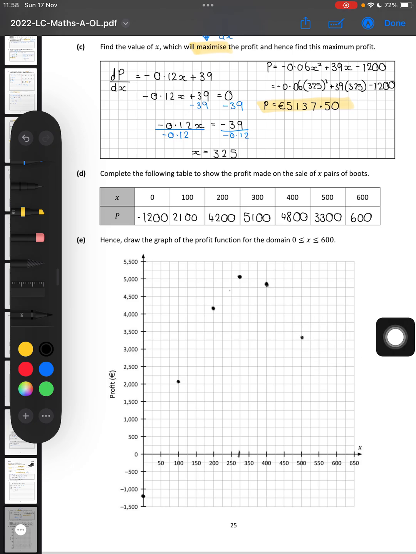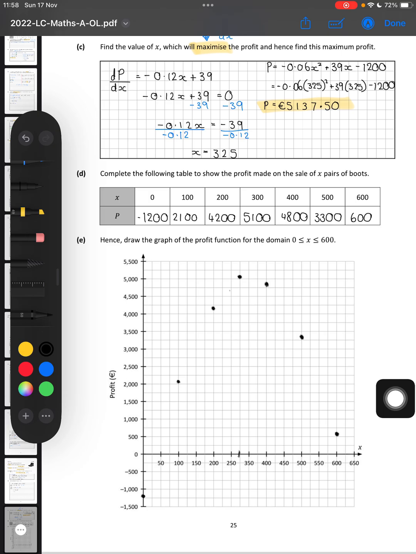So about here. That one's a funny one. So the 500 one, because I know it's just slightly more than 250, so I know it's just slightly more than the halfway between those two. So that's why I have put it just there. And then 600, up 600. So again, just slightly more than the 500 there.